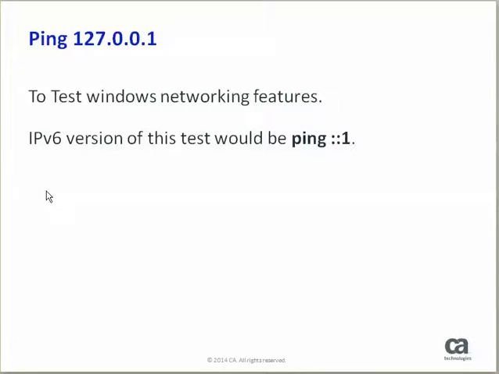Using the ping command to ping 127.0.0.1 is an excellent way to test that Windows network features are properly working, but it says nothing about your own network hardware or your connection to any other computer or devices. In IPv6, the command which we have to use is ping ::1.